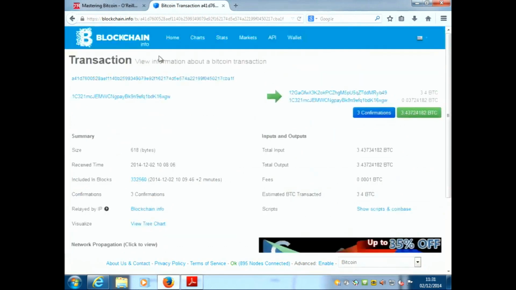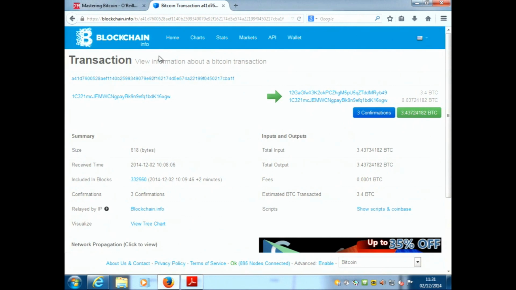Okay, so here's a transaction where this is a Bitcoin address. It says this is where I have stored some Bitcoins in the wallet. I'm going to send them from this address, and I'm going to split it to these two addresses.